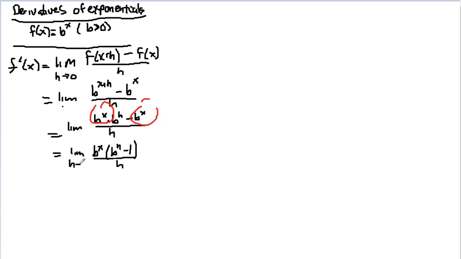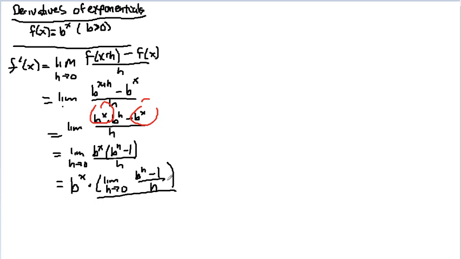And remember, this is the limit as h goes to 0, in spite of the fact that I've been not writing it. The b to the x has nothing to do with the h, so I'm just going to pull this outside, times the limit as h goes to 0 of b to the h minus 1 all over h. So if I could just figure out what this is, then I could figure out what the derivative is. It's just itself, b to the x, times this thing.